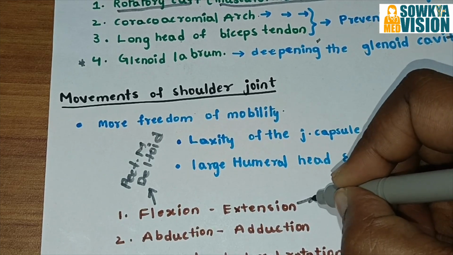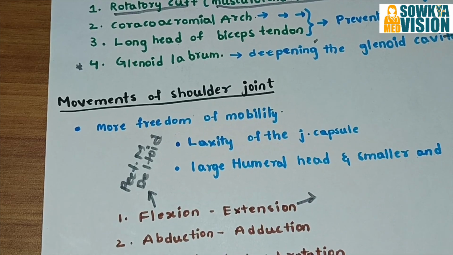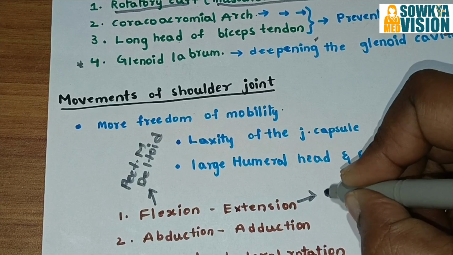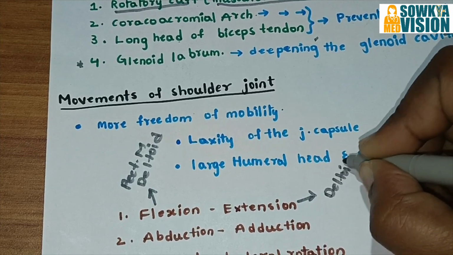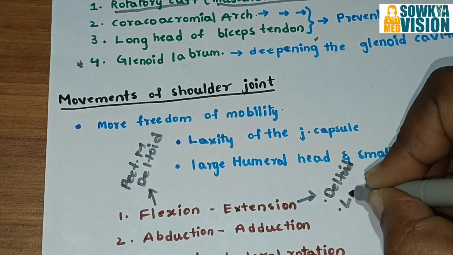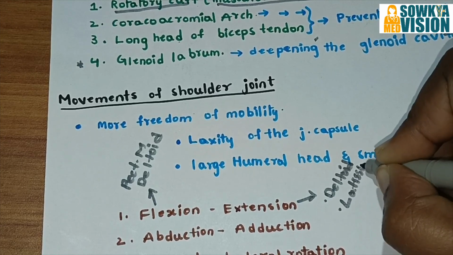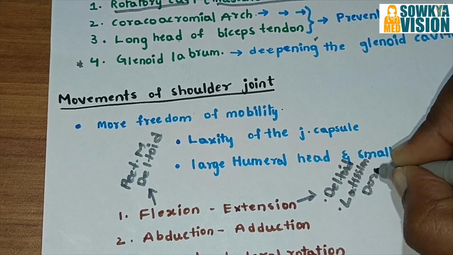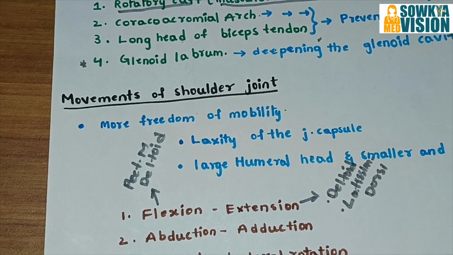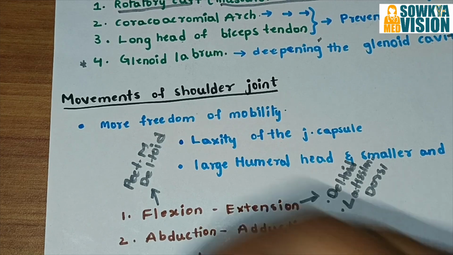What are the primary muscles involved in the extension of the shoulder joint? They are deltoid muscle and latissimus dorsi. Now, what are the muscles involved in the abduction? The muscle involved in the abduction is the deltoid muscle.